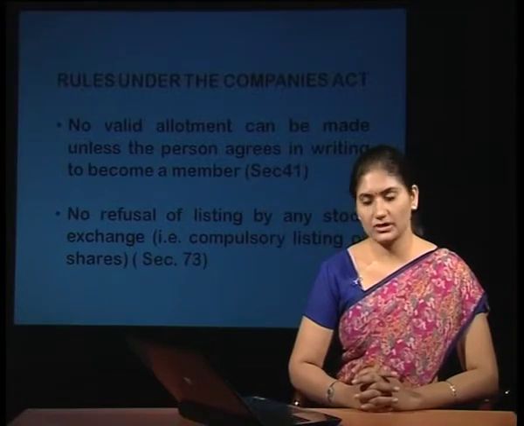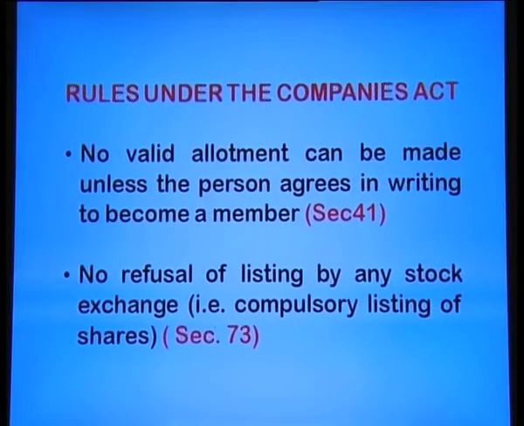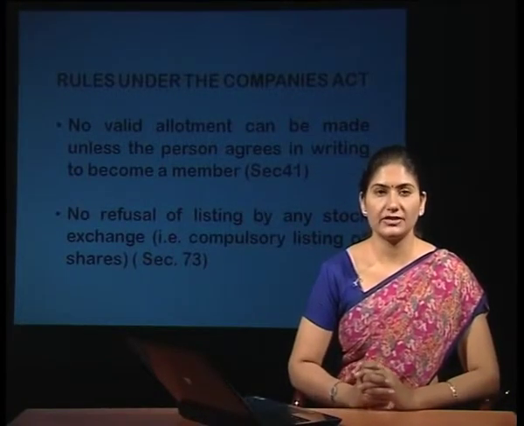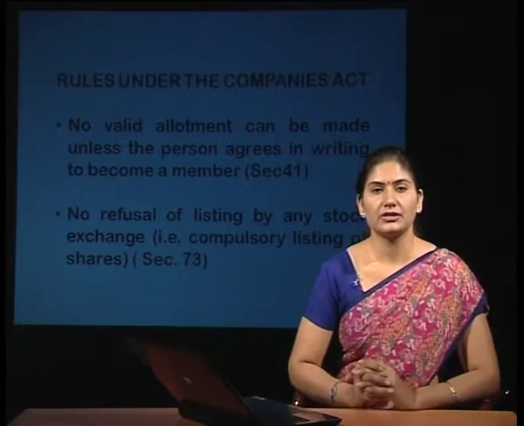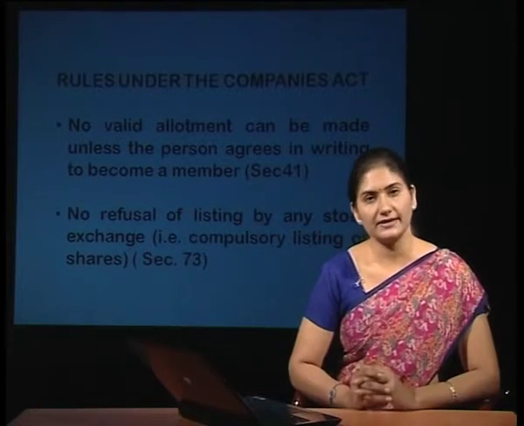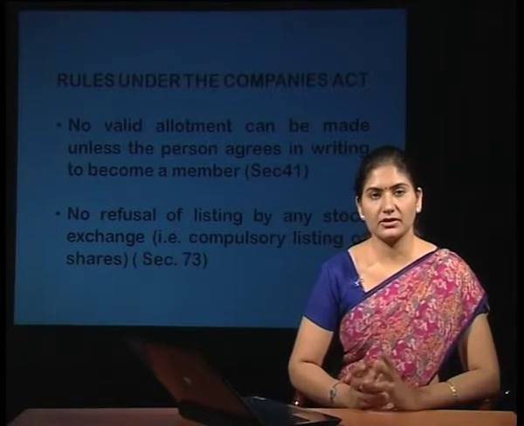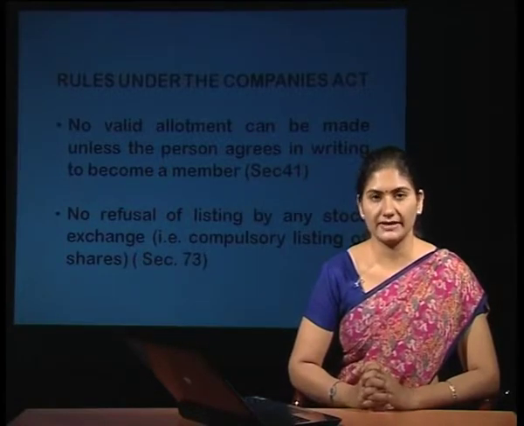Under section 41, no valid allotment can be made unless the person agrees in writing to become a member. Now, this contract which has been entered into by the shareholder agreeing to subscribe to the shares and the consequent allotment by the company, in such a case the contract has already come into existence.